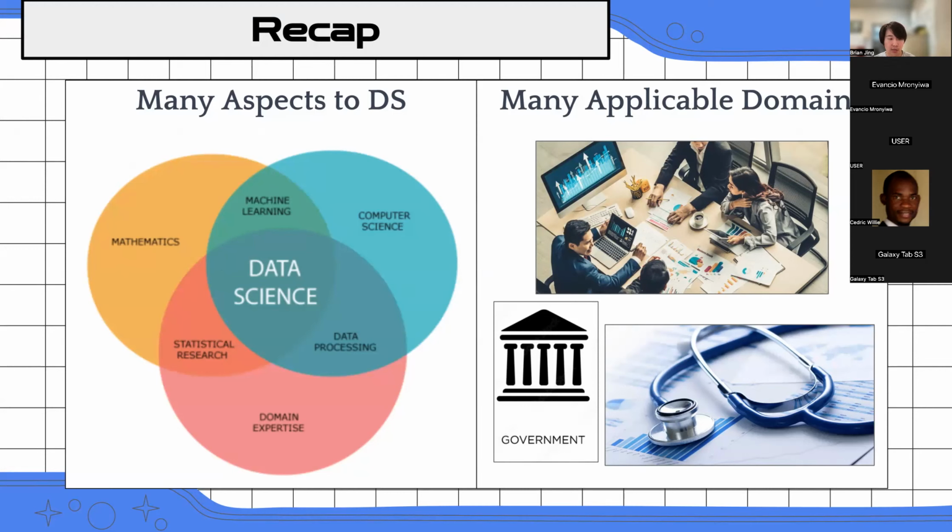All of these aspects combine together to form many more aspects of data science that ultimately allow you to use data science to make real world change and have big impacts on society. As you can see, there are many domains to which you can apply this in society, such as business, government, or healthcare.